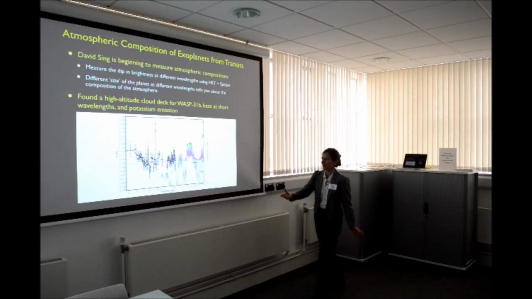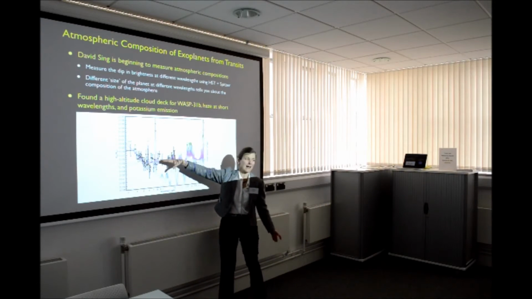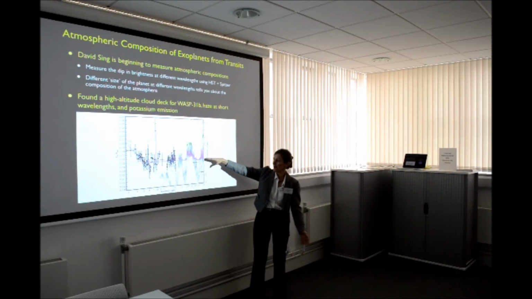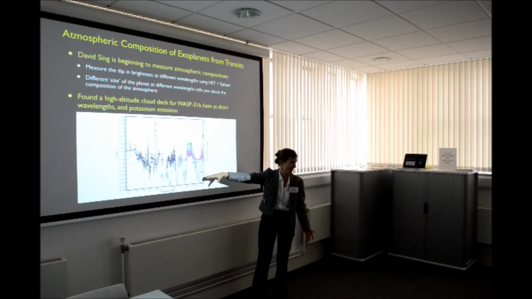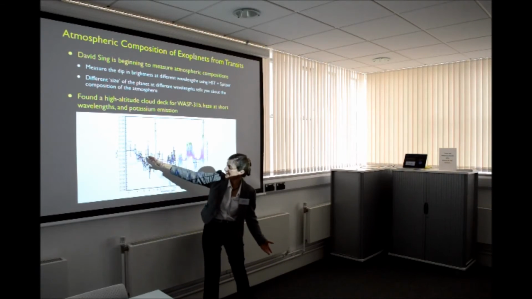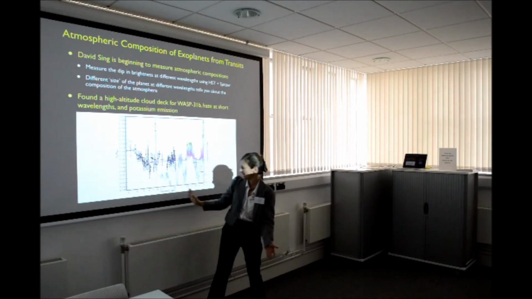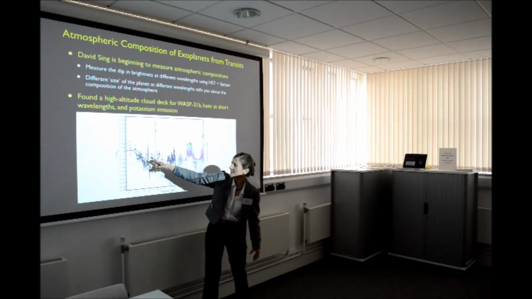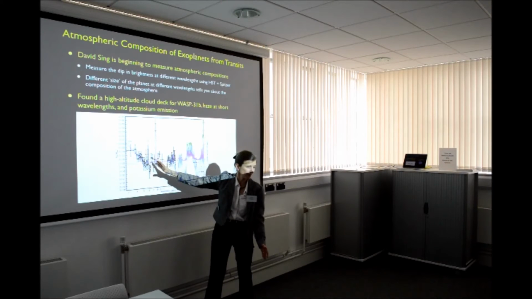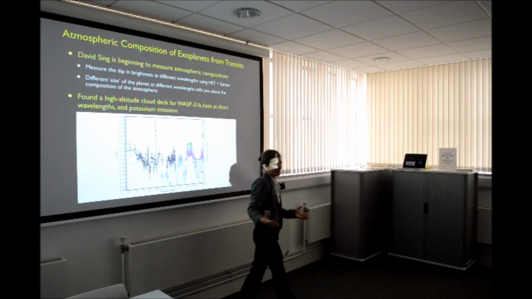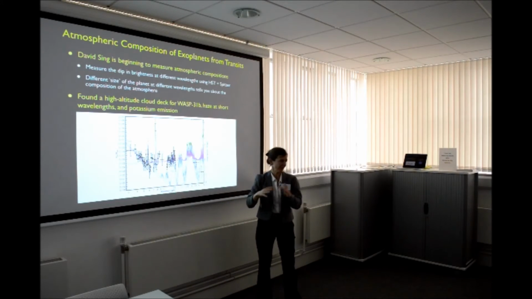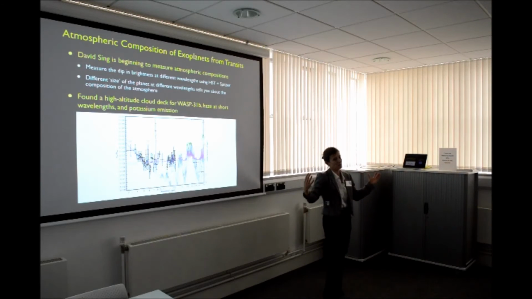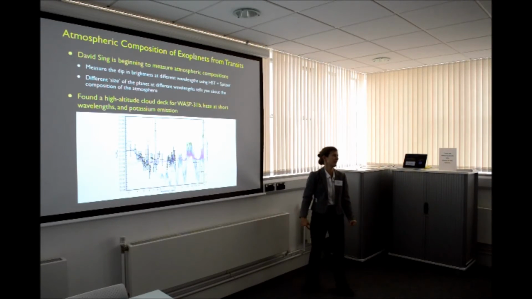There is also evidence for clouds in the atmosphere that stop you seeing below a certain radius at any wavelength, and a haze here that, as we go towards shorter wavelengths, and these are all infrared going into the optical wavelengths, becomes more opaque. So at shorter wavelengths, it's opaque higher up in its atmosphere.